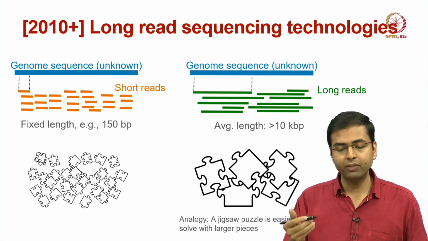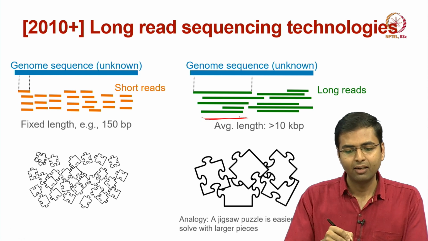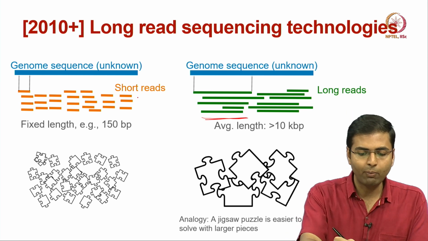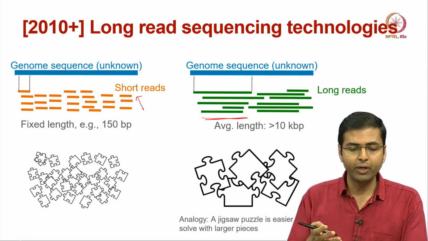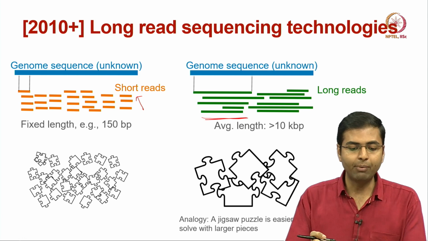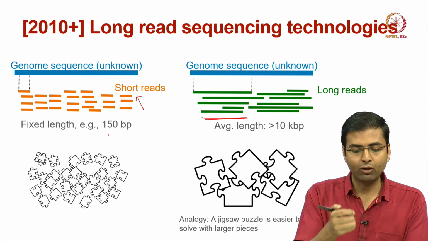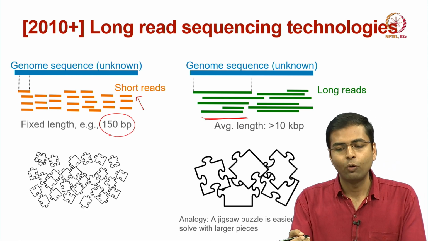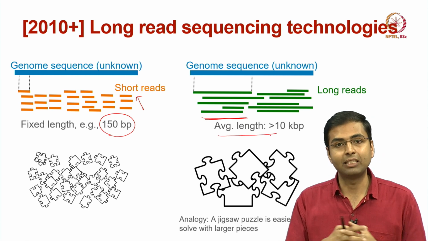The unique aspect of this technology is that the length of the reads that we get is much longer compared to the previous short read sequencing technology. Two decades ago we would assemble a genome by using small reads which were only, let us say, 150 base pairs long, whereas now you have reads of length more than 10,000 bases long.